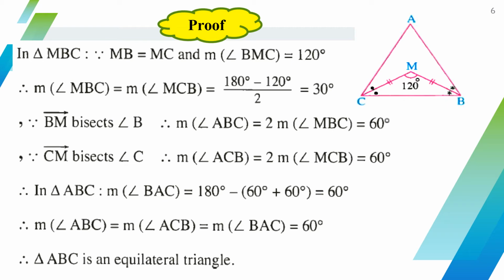Okay, and the measure of angle ABC equals twice the measure of angle MBC, which is equal to 60.